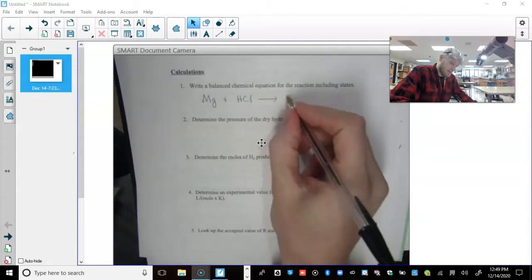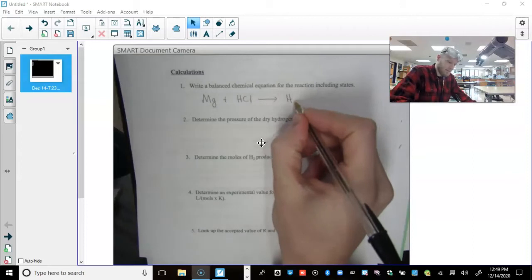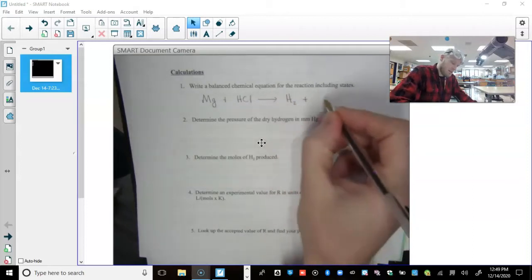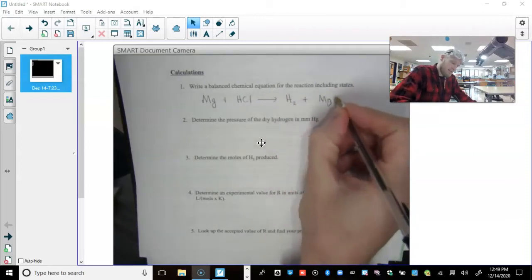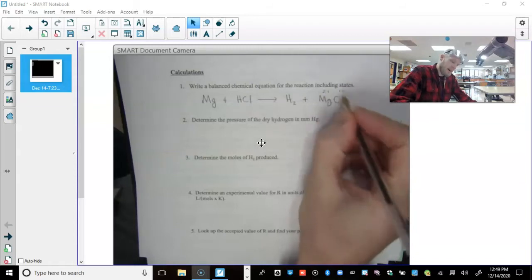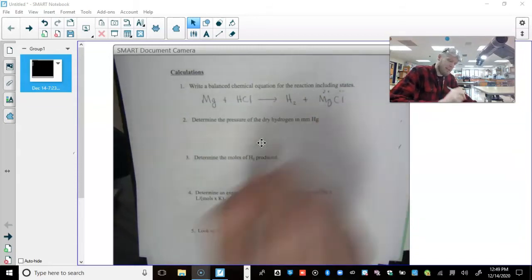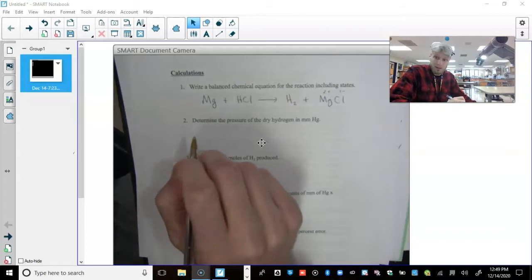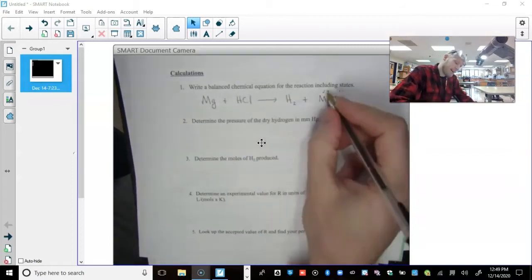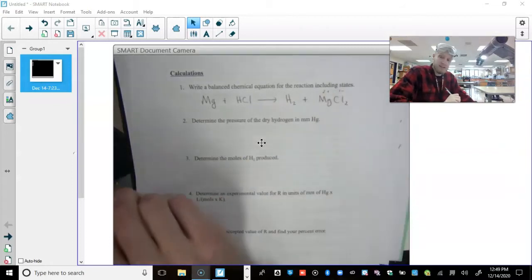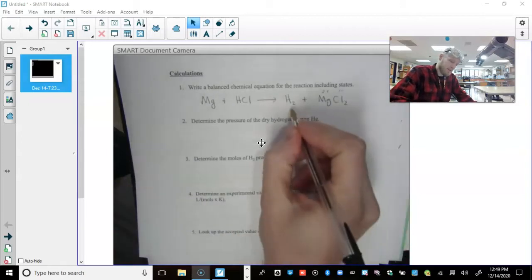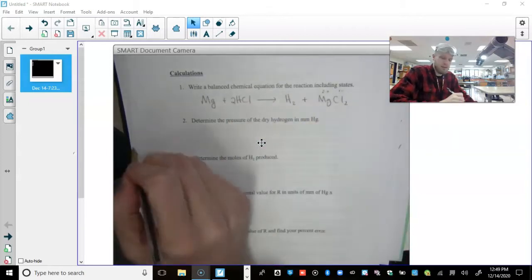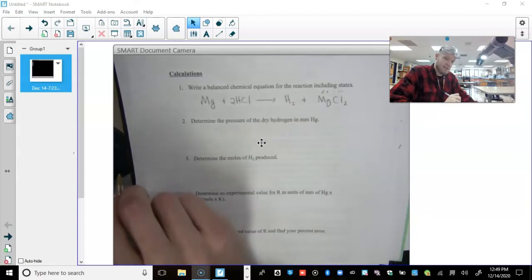So that means we got H, and if H is by itself, it's going to be a diatomic element, plus Mg and Cl. I know chlorine's -1 charge and magnesium 2+. If I forget, I can look at the back of my periodic table. I crisscross it, so it should be MgCl2. 2 Cl's, 2 H's, put a 2 coefficient, 2 Cl's, 2 H's, and we got it.